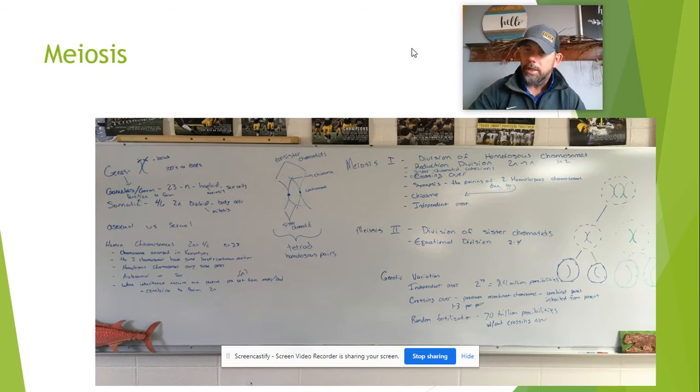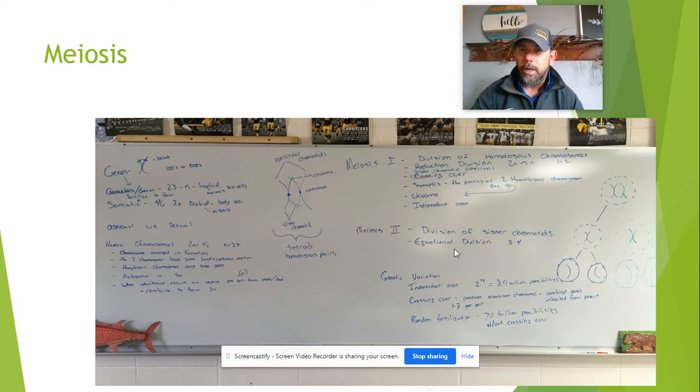In this case, the homologous chromosomes separate. You'll find the male goes to one side and the female to the other, or vice versa. Meiosis two is all about the division of the sister chromatids.